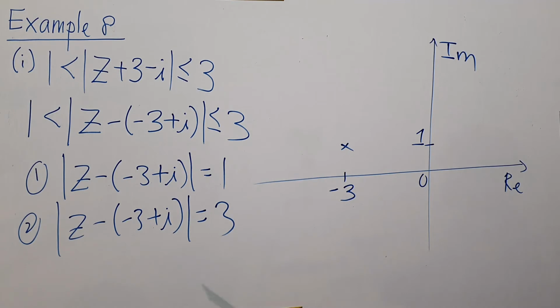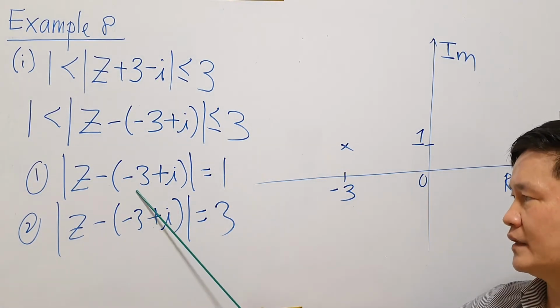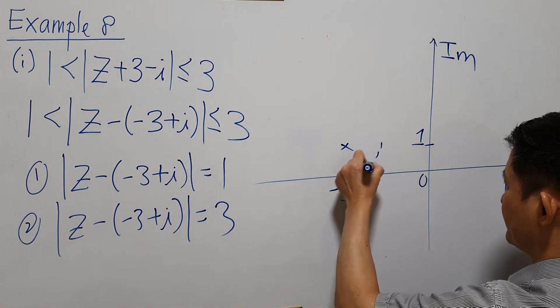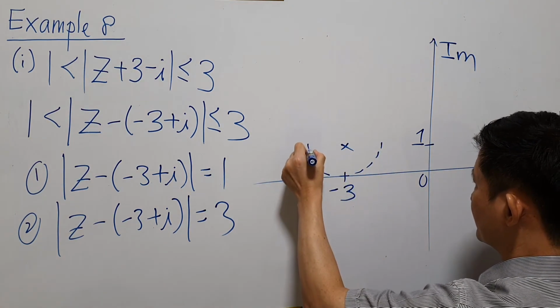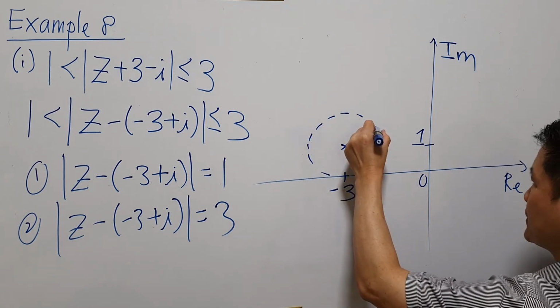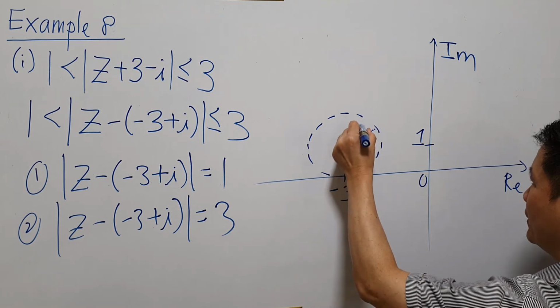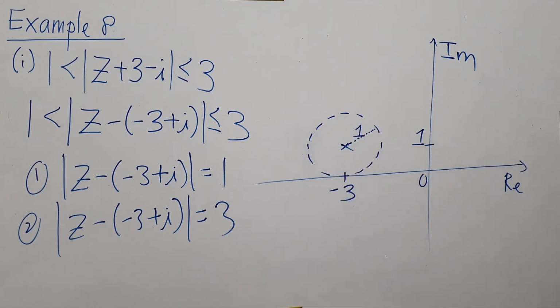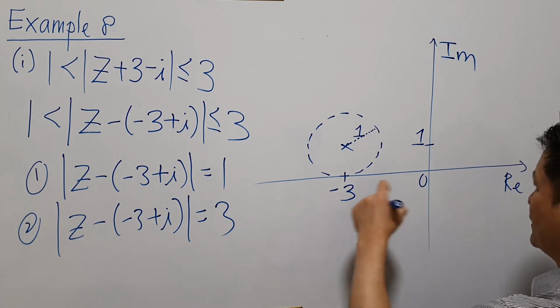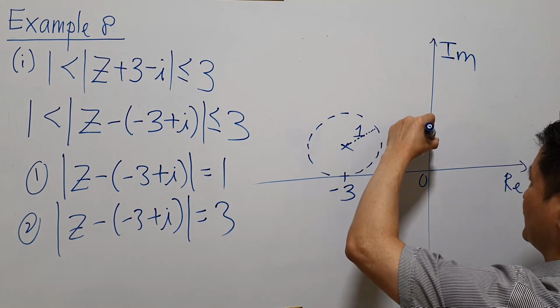For the first one, it is a circle with center at minus 3 plus i, and the radius is 1. It looks like this. Then the other one is a circle, also centered at the same point, but now the radius is 3.